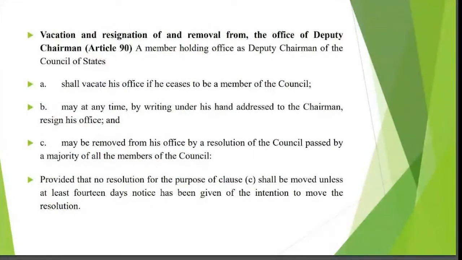Then Article 90 says that a member holding office as a deputy chairman of the Council of States shall vacate his office if he ceases to be a member of the council, resigns by writing addressed to the chairman, or is removed by a resolution of the council passed by a majority of all the members of the council, provided at least 14 days' notice has been given of the intention to move the resolution.